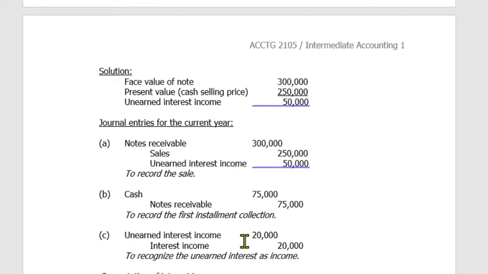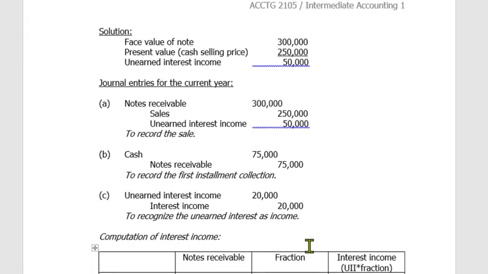Ang normal balance niyan ay credit. So, ngayon, i-reclassify mo na siya as interest income dahil na-earn mo na siya through time. So, debit unearned interest income, 20,000. Credit interest income, 20,000. So, how do we compute for the interest income?